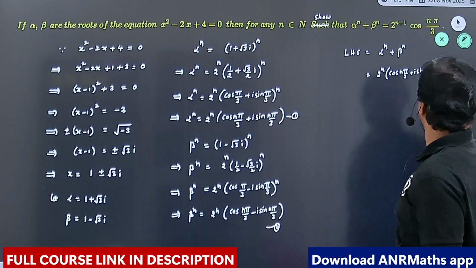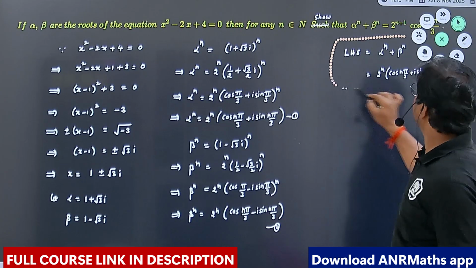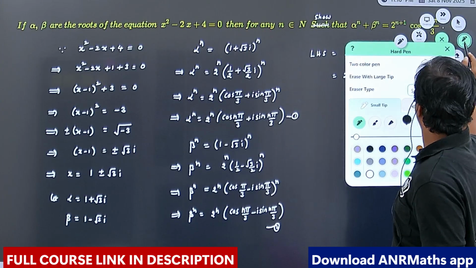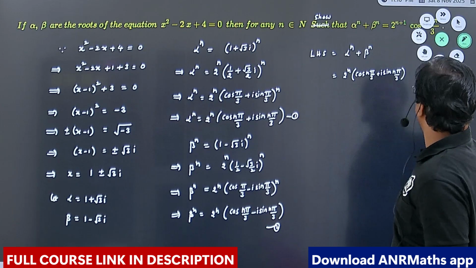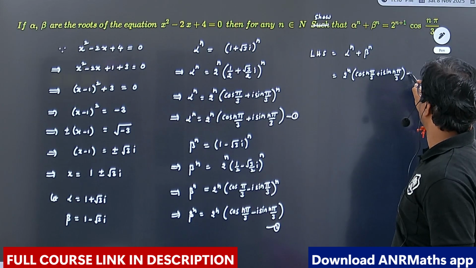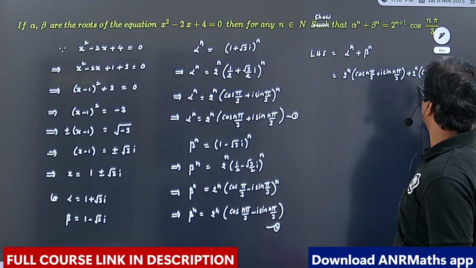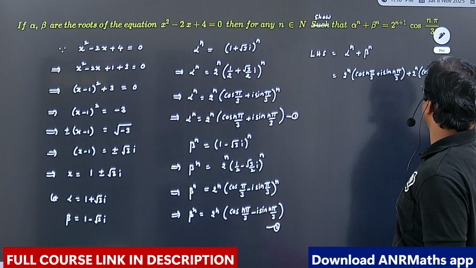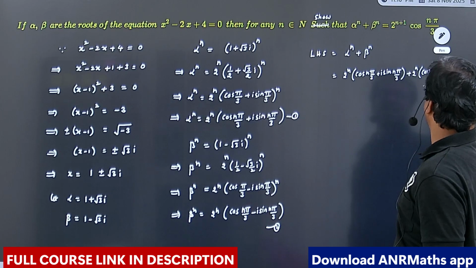Next, beta power n value is 2 to the power of n cos n pi by 3 minus i sin n pi by 3.